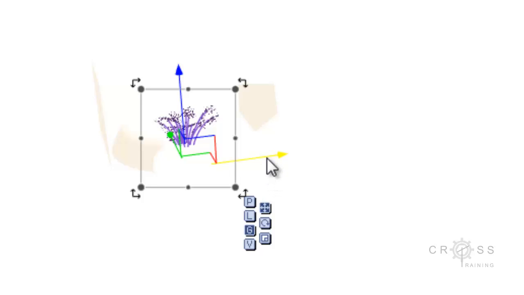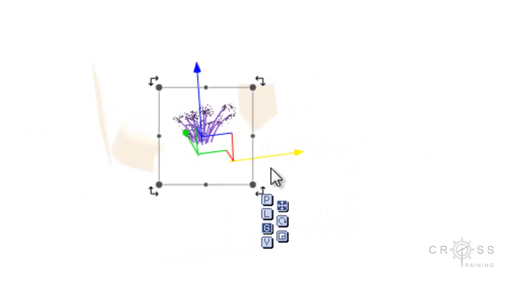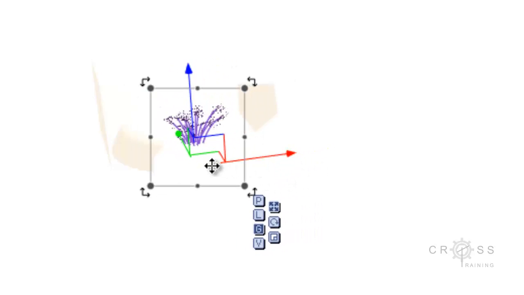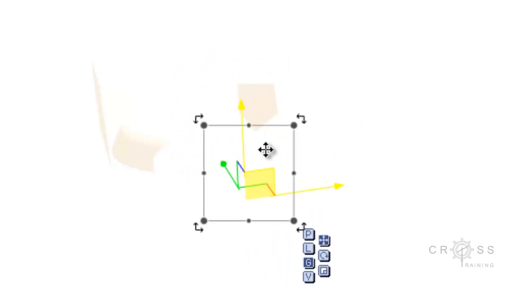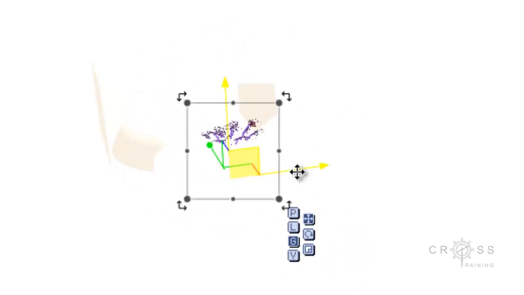When I press and hold down the left click and drag, I can move this in the X direction. I can do the same thing with the green and the same thing with the blue. Now if I roll my mouse over certain areas, such as this one here, it turned both the X and the Z yellow, meaning that I can move it in this plane in 2 directions.